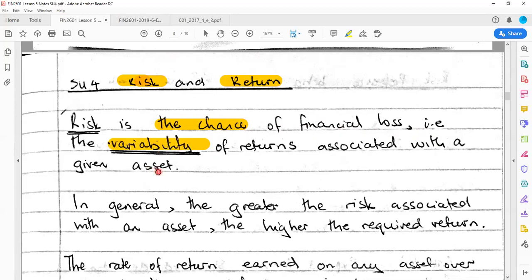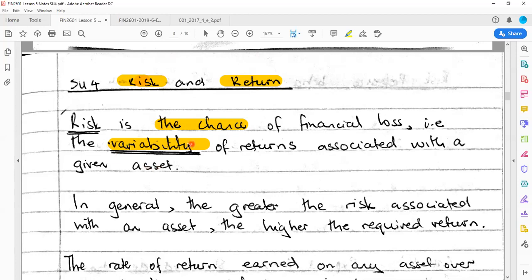So if we invest in an asset and there's a high chance that the returns can be very variable, meaning the returns are very unpredictable. Another way to look at it, risk is the unpredictability of returns.